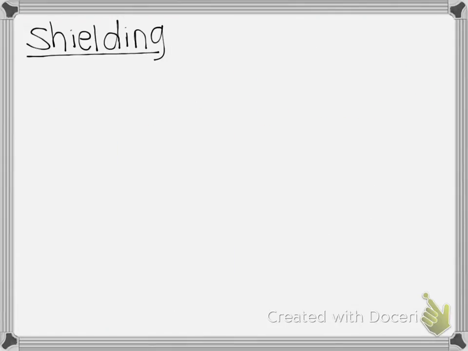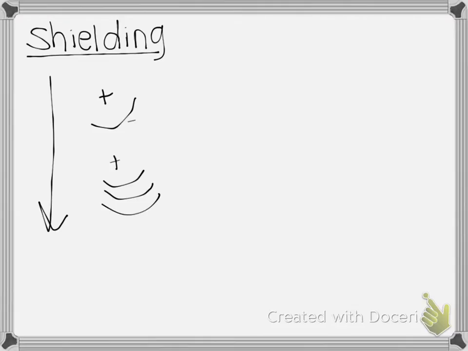Shielding is something that deals with moving into different energy levels. So if you have your proton and you've got one energy level of electrons, the attraction is not very shielded. If you move down the periodic table where you have more energy levels, so you have your protons, and then maybe you have 3 energy levels of electrons, the attraction between your protons and your electrons is shielded, and so it's called a shielding effect.